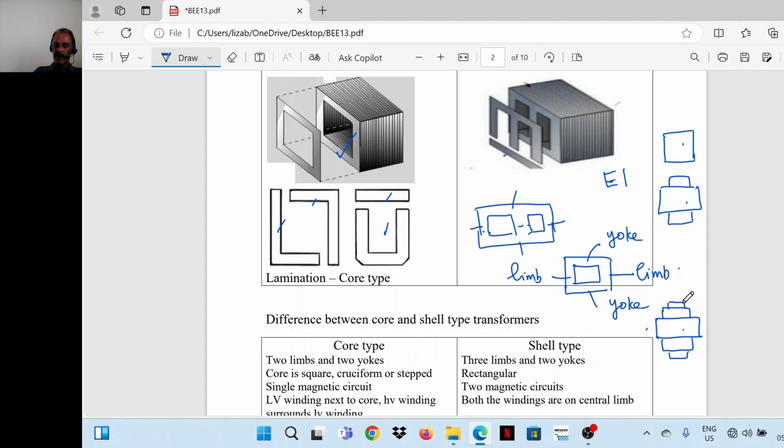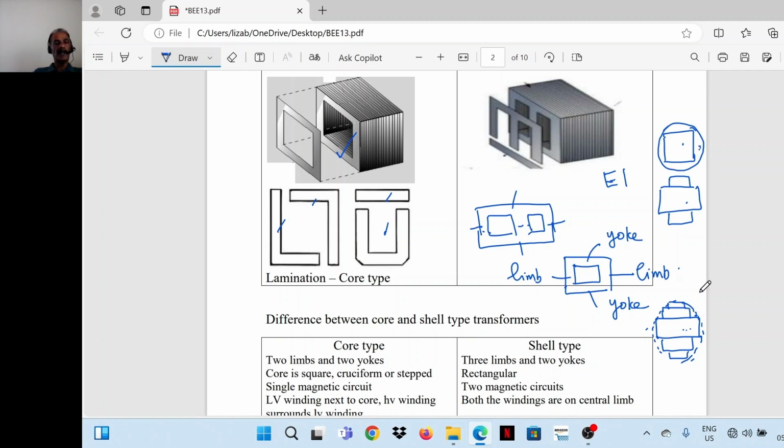The advantage of stepped construction is that if we draw the outline, it is somewhat circular in shape. So here, if the winding is placed over it, it will be like this. That is, free space is more here, whereas in the other case, the free space is less. So the advantage of this kind of construction is that the leakage flux will be less.